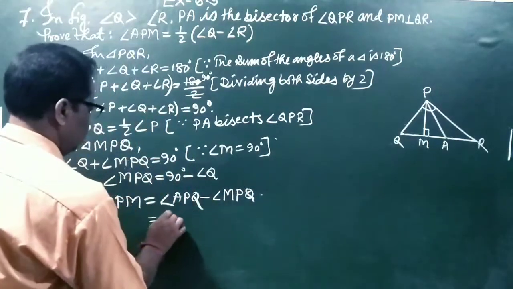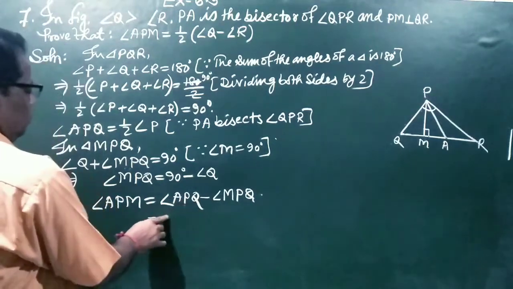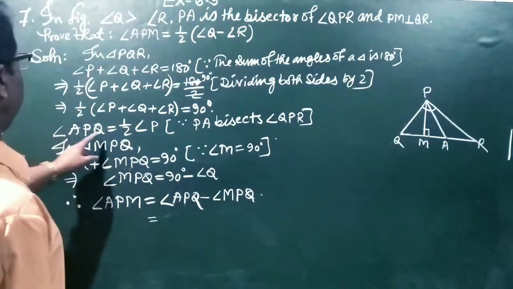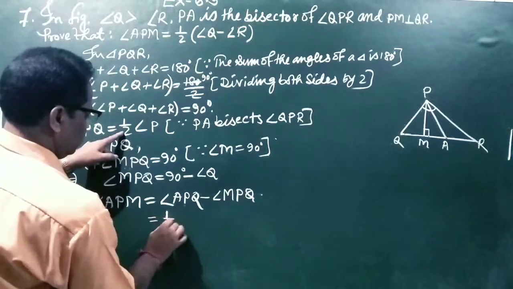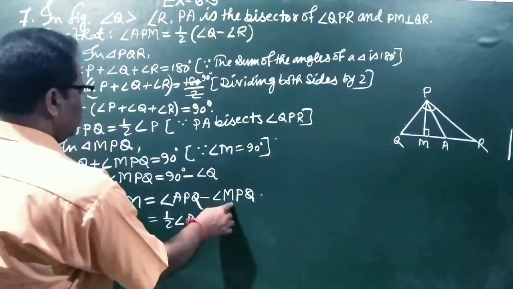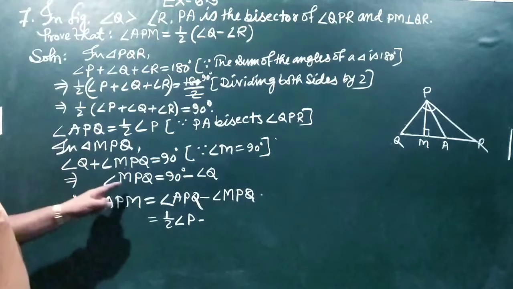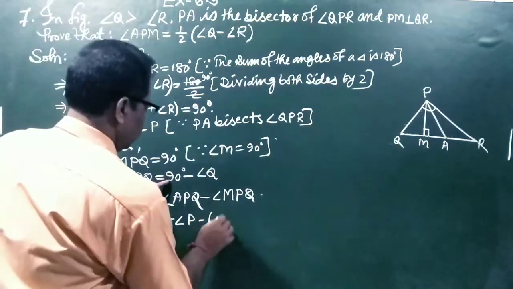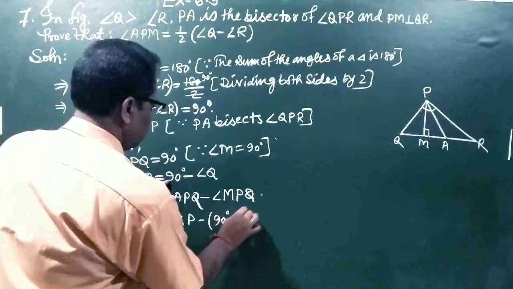Now we will place the values. Angle APQ is ready here, half angle P, minus angle MPQ, whose value is 90 degrees minus angle Q.